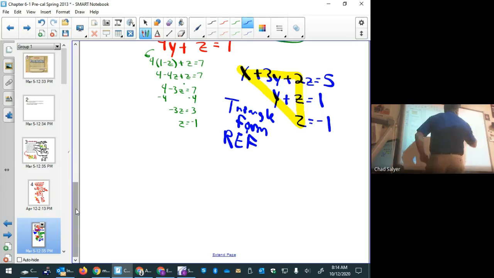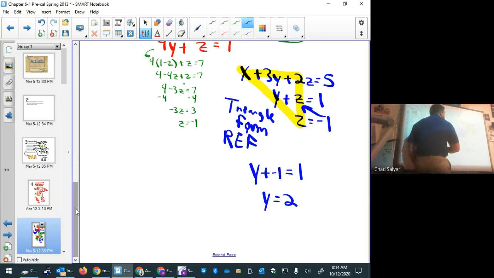So I've got z already. If z is -1, I just plug that in to the equation above it, and I get y plus -1 equals 1. So add 1 to each side, and y equals 2.